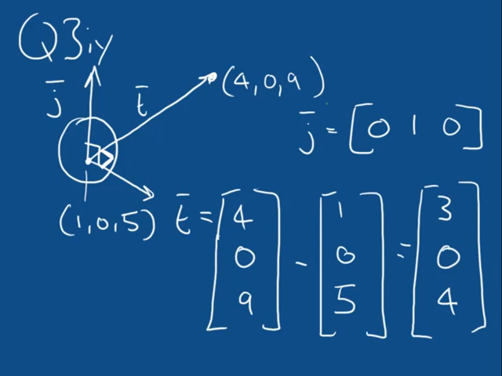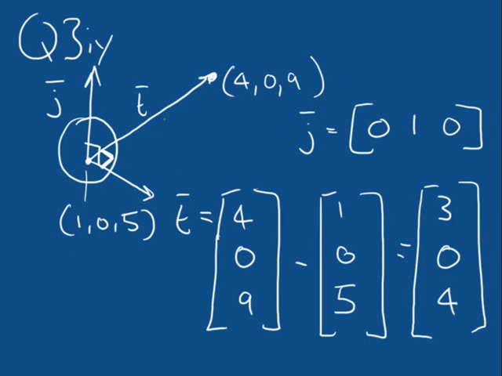So we have our vector j, equal to (0, 1, 0), and our vector t, equal to (3, 0, 4). What I want to do is find the cross product of these, so we get that vector that is mutually perpendicular to both of these vectors, and that is going to be our axis of rotation.